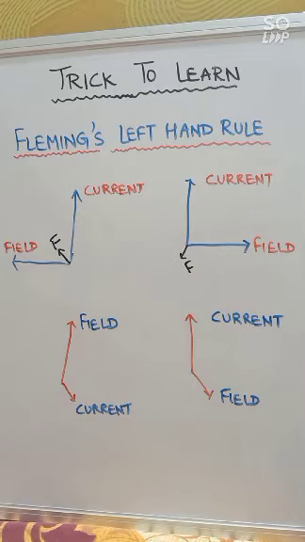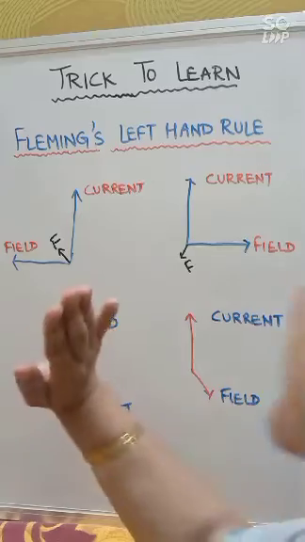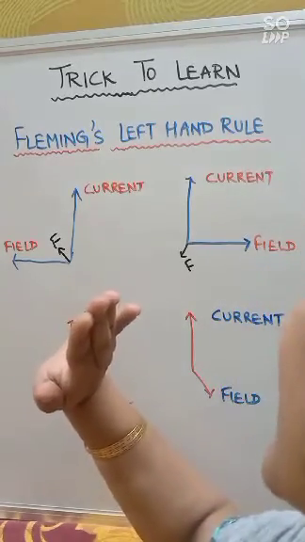Fine. Now again we have another two cases. If you see here, the current is acting towards the screen, and the magnetic field is placed perpendicular to it. Again, as I told you, you have to keep your fingers such that they point towards the direction of current. Right?